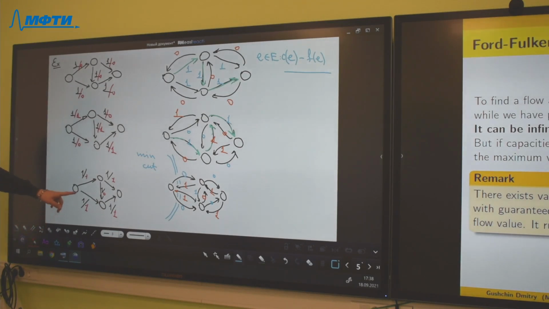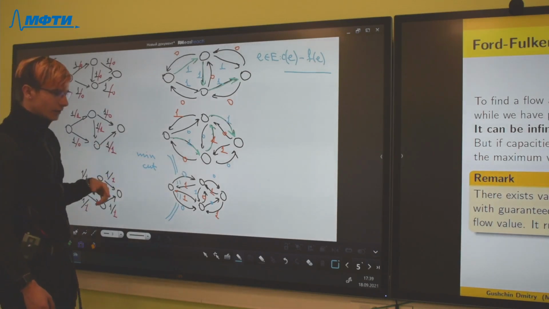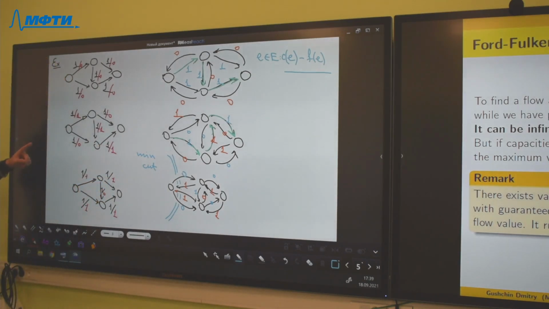And then we get flow equal to 2. Then we repeat this, and we get flow that will be equal to 4, then will be equal to 6, etc. Do I need to repeat it too?